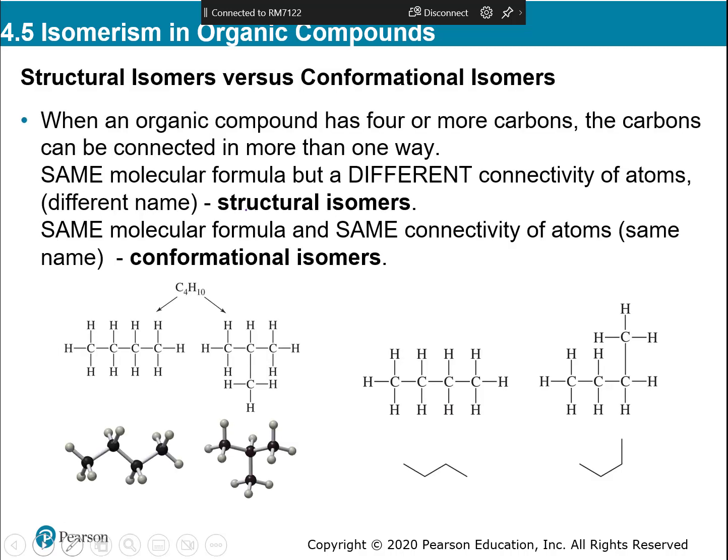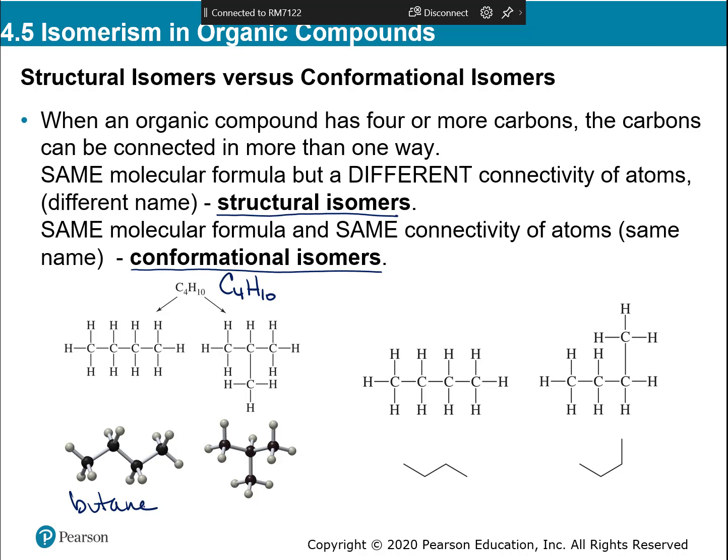So the first two are what are known as structural isomers or conformational isomers. So this first one here, where you took C4H10, we actually did this in lab. C4H10, 4 carbons, 10 hydrogens. I could put them all in a chain, and what is that called? 4 carbons in a row is butane.